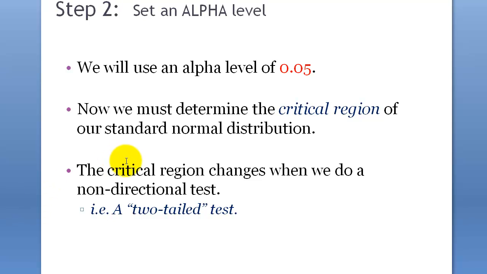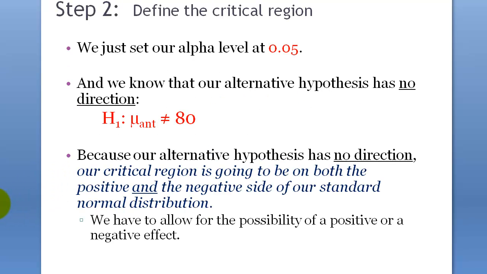And setting the alpha level is going to be a little bit tricky, as I said, because we don't know if it's going to be positive or negative. So we're going to have to have the alpha critical area in both the negative and positive ends. That's why it's called two-tailed, because it's going to be in both ends.